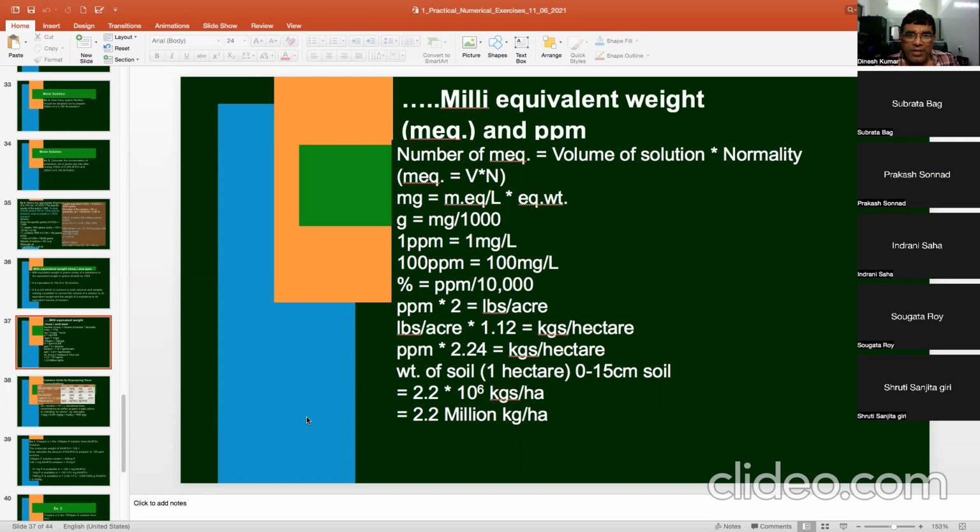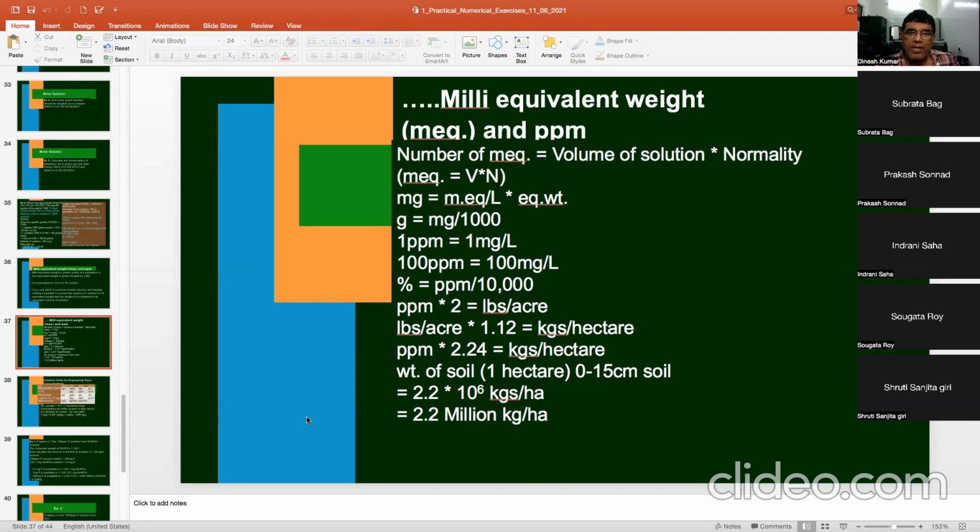This is the kind of relationship that has been developed by people who worked initially in chemistry. So this is a fact. This is a fact that milliequivalents multiplied by equivalent weight, you get the value in milligram. Is it fine or not? This is the relationship, or this is the way to get milligram. Milliequivalents per liter, you know how we have worked it out.